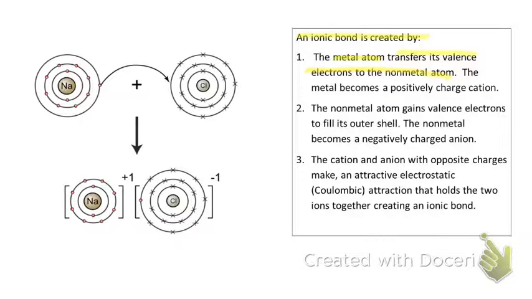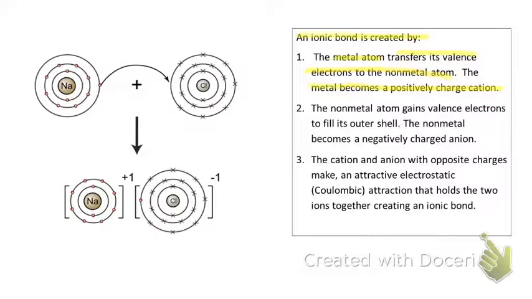The valence electrons from the metal atom are literally going to be transferred to the nonmetal atom. As a result, the metal will become positively charged.